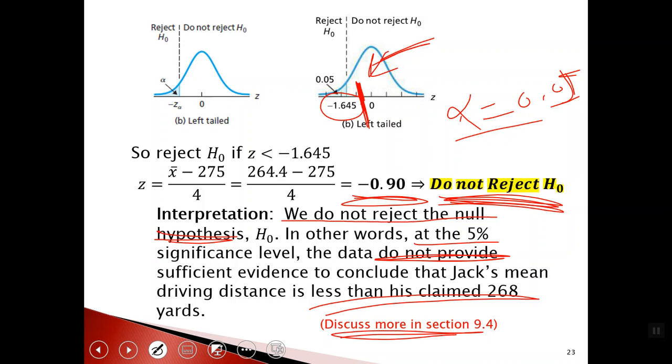We will discuss more in chapter 9.4 how we get the conclusion. It doesn't matter which side, two tail, left tail, right tail, you perform the same thing. If your z-cal value is inside the rejection region, reject the null hypothesis.